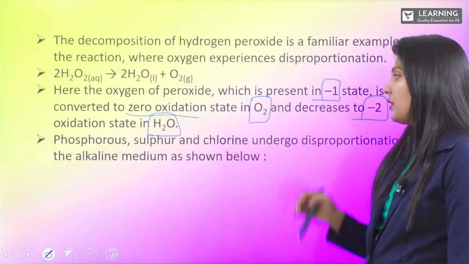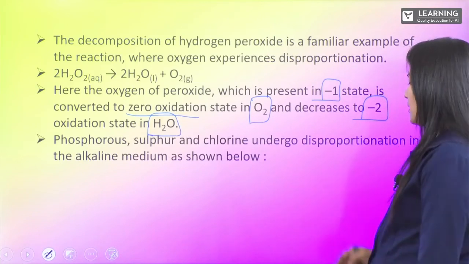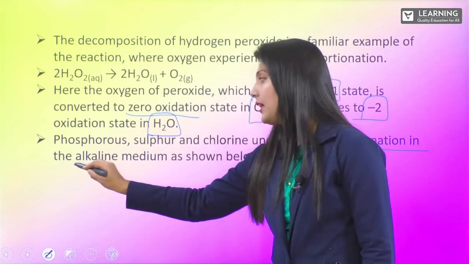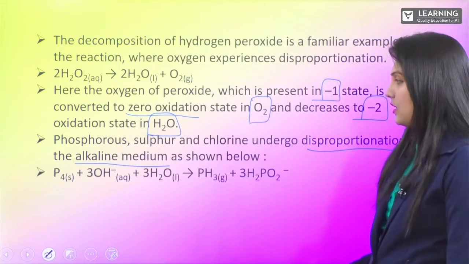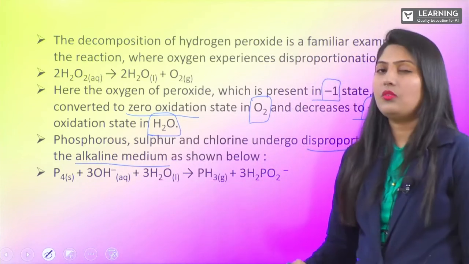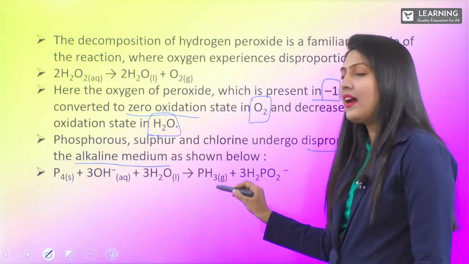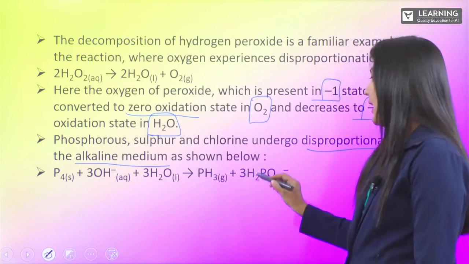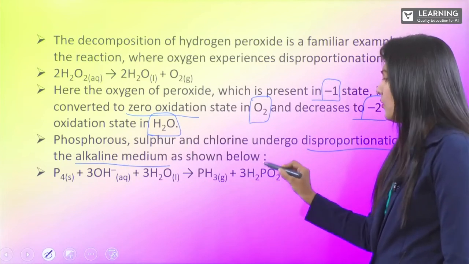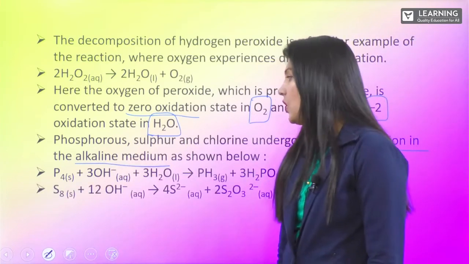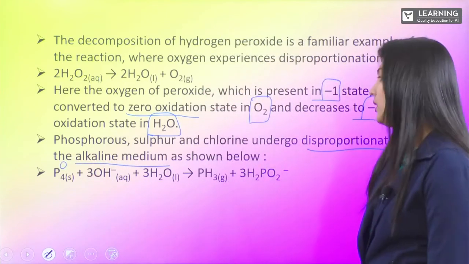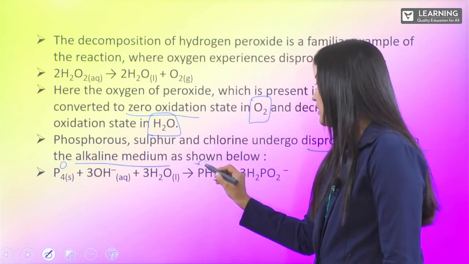Okay. Phosphorus, sulfur, and chlorine undergo disproportionation reaction in alkaline medium. Alkaline means base medium. We can see here phosphorus, when reacted with base in presence of water, gives PH3, phosphine, and also hypophosphite. Here the phosphorus will have different oxidation states. It will be 0 here, in the elementary form P4. In PH3 it will be -3.